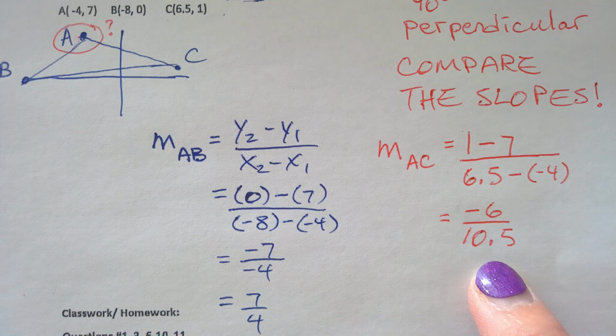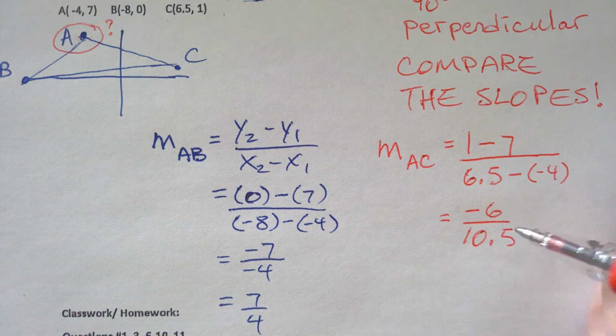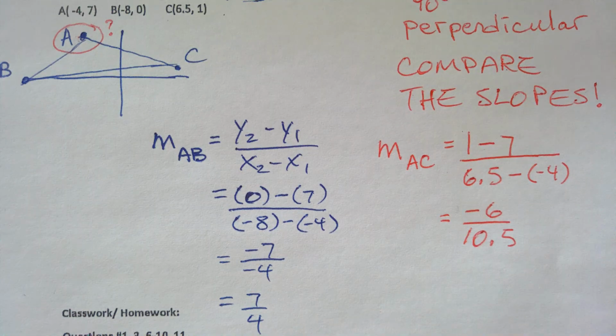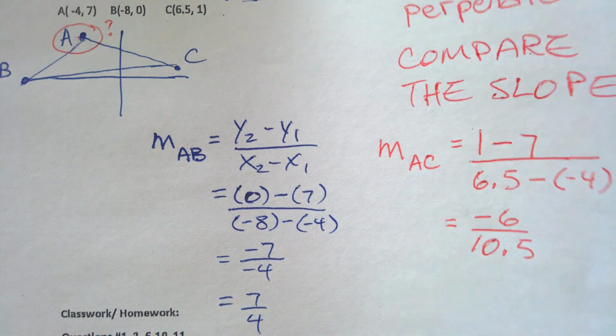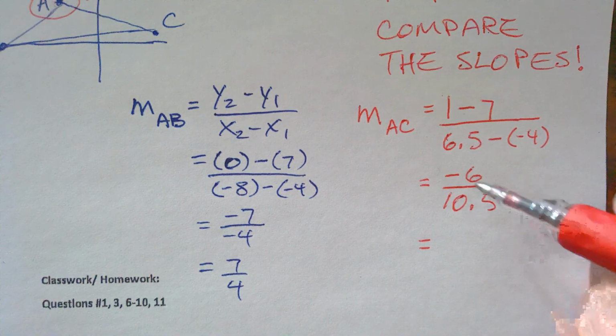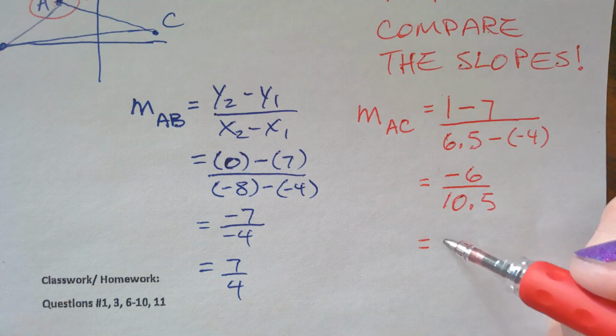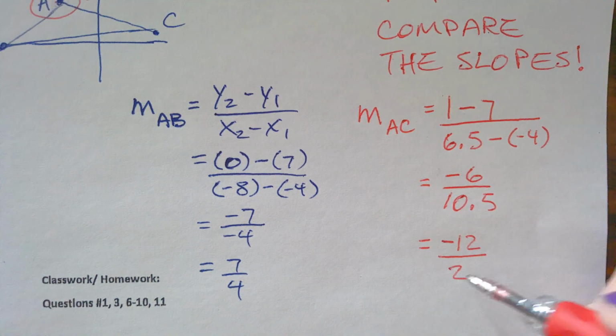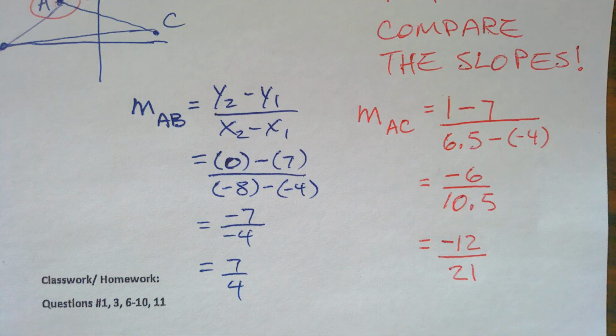Of course, I'm adding in a little trick. Max sees something. I think Sophia might see it too. Remember how I say I hate decimals with fractions together? Yes, you could use a calculator. Or if I multiply everything by 2, this is the same as -12 over 21.